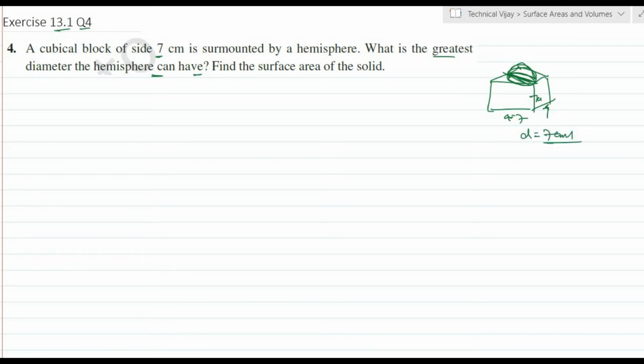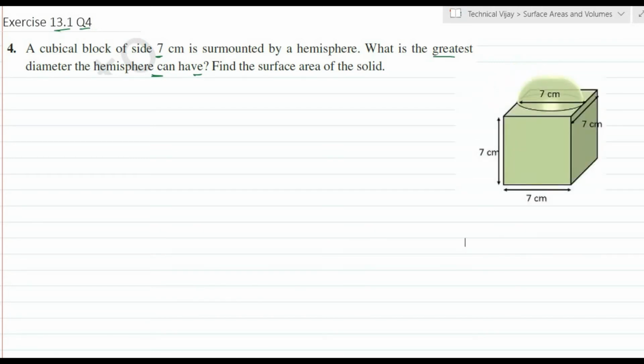Now I will put a neat diagram here. So the figure will look like this. This is one cubical block, which has 7 centimeter sides. Cube means all the sides are equal. On the top of that, a hemisphere is mounted. What is the greatest diameter of the hemisphere?